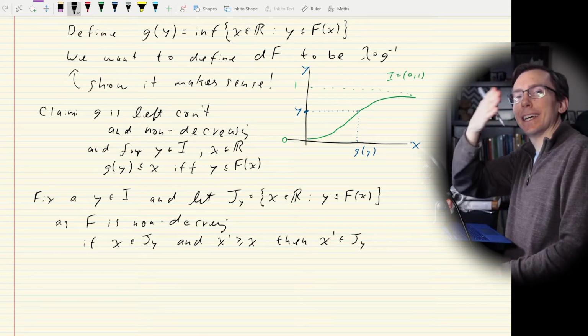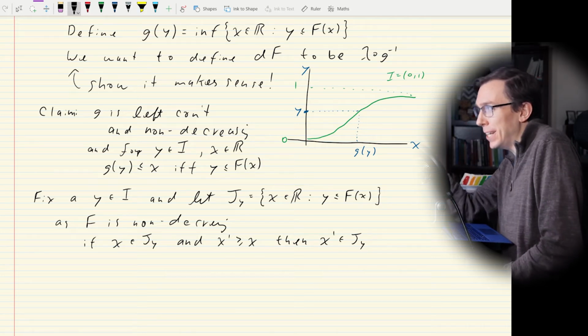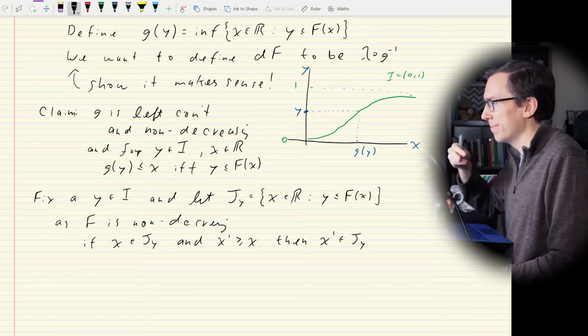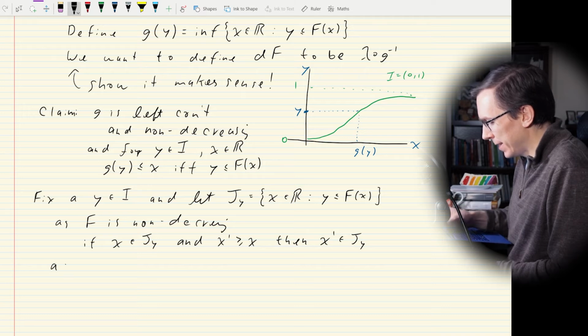So this is what I mean by it kind of goes off to the right. If there's a point in it, then any point bigger than that point in value will also be in it. Okay, that was using the non-decreasing bit.